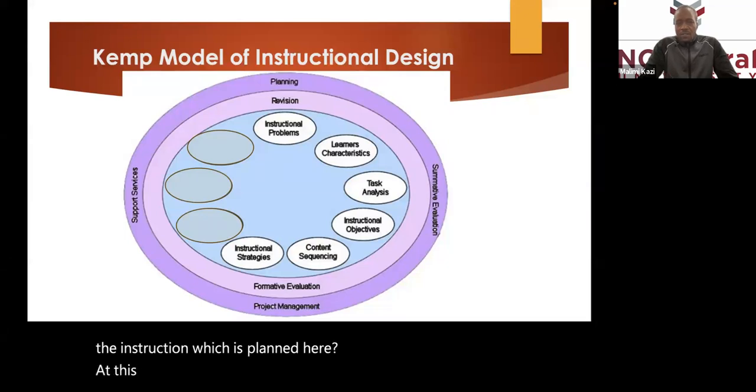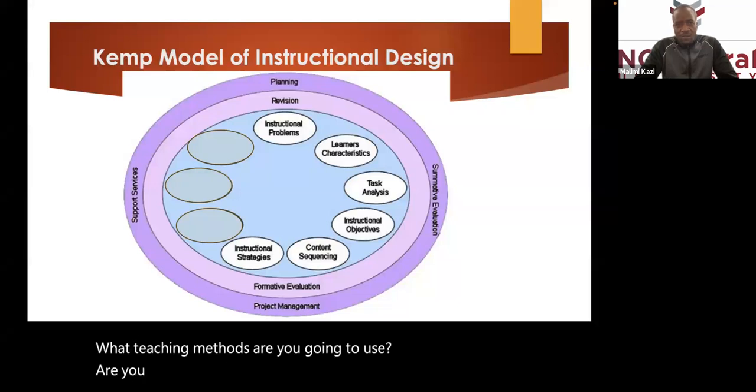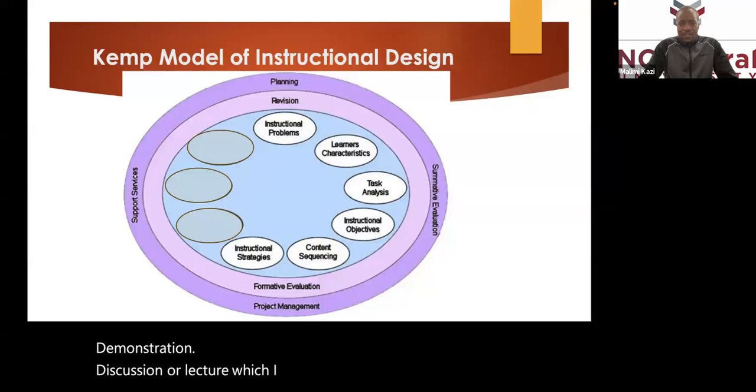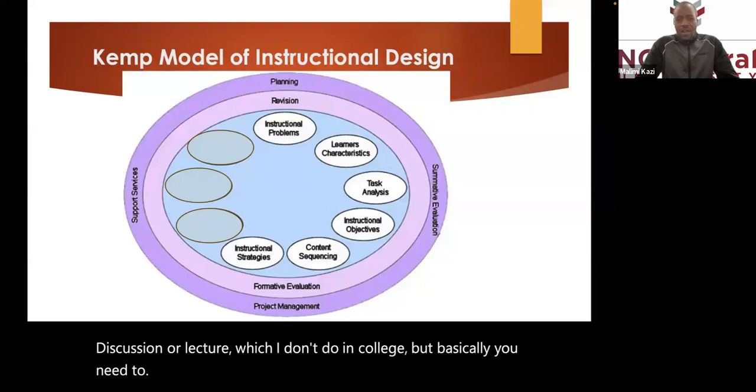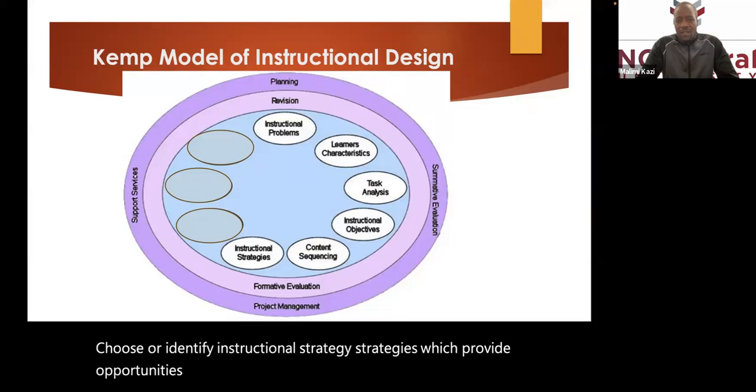At this point, you choose the teaching methods. What teaching methods are you going to use? Are you going to use, for example, maybe demonstration or discussion or lecture, which I don't encourage, but basically you need to choose instructional strategies which provide opportunities for learners to participate in the learning process.